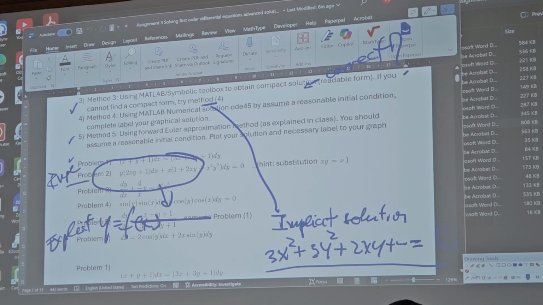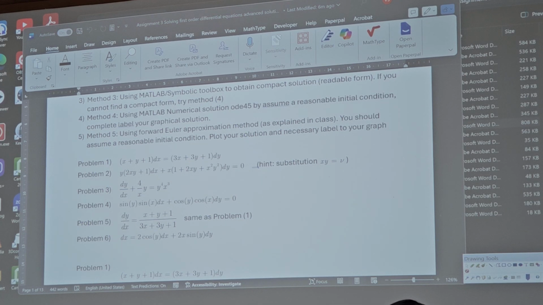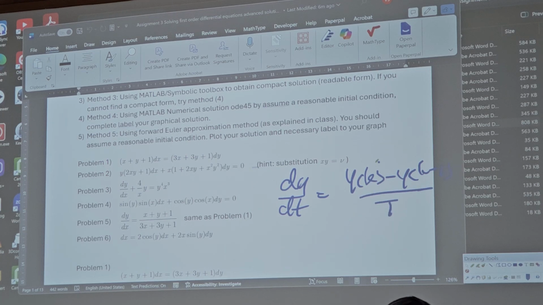Because I already showed you this one. You have dy by dt, right? Remember? Equal to y k minus y k minus 1 over t. You can look at the slides.